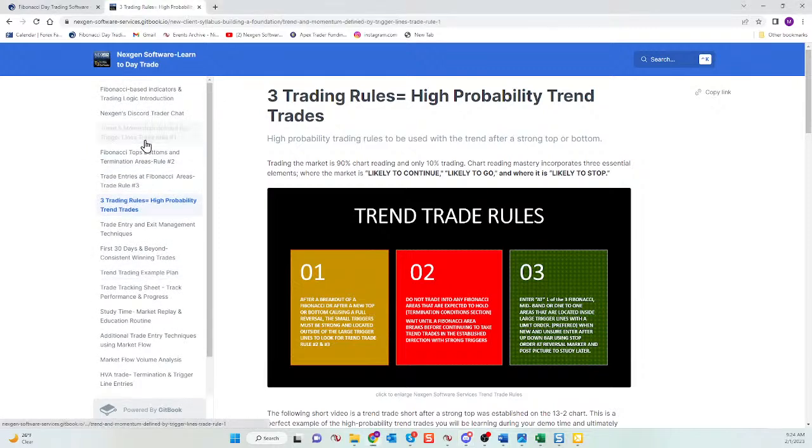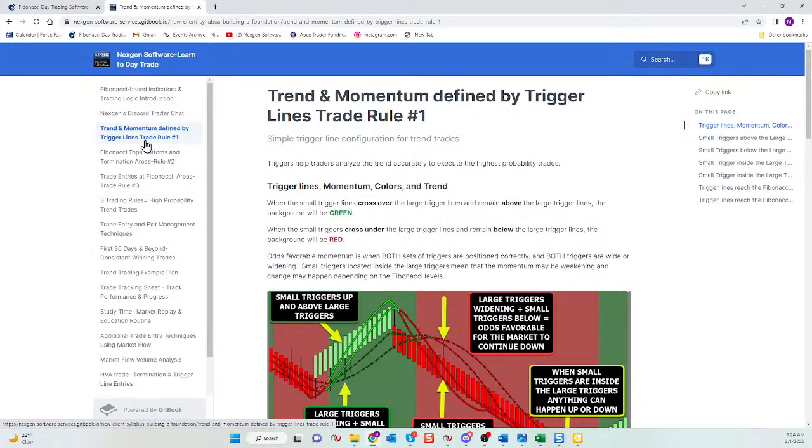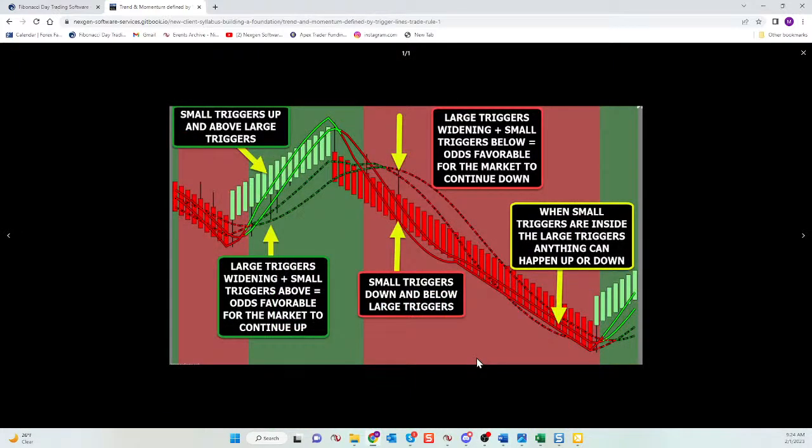Rule number 1, strong triggers. What's a strong trigger? Easy to identify, easy to commit to. A strong trigger in an uptrend means that your small triggers are above the large triggers. Your large triggers are wide, they're angled in the direction of the trend.